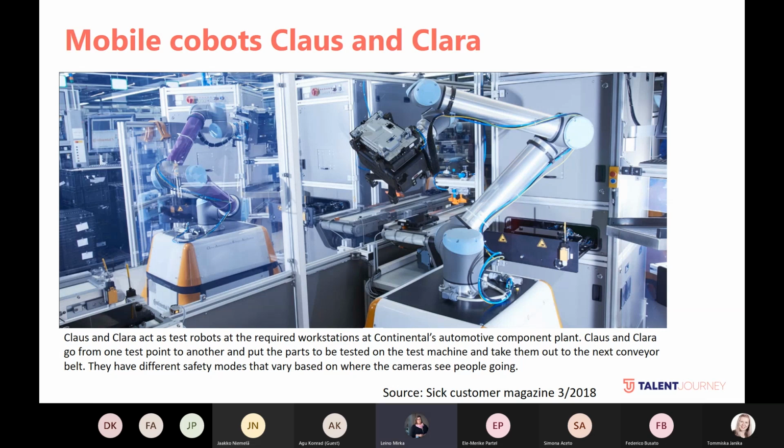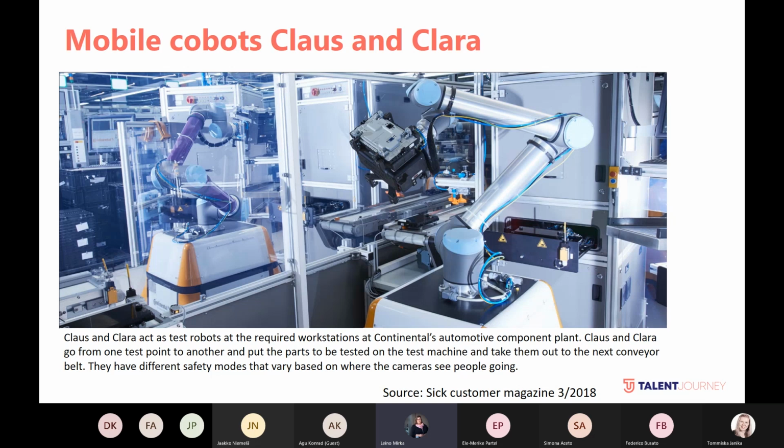However, one thing is important to keep in mind when talking about mobile cobots. The mobile robot and the collaborative robot on board must never move at the same time. That is, if the mobile robot is transporting the collaborative robot to the next workplace, the collaborative robot must be still in its transport position.